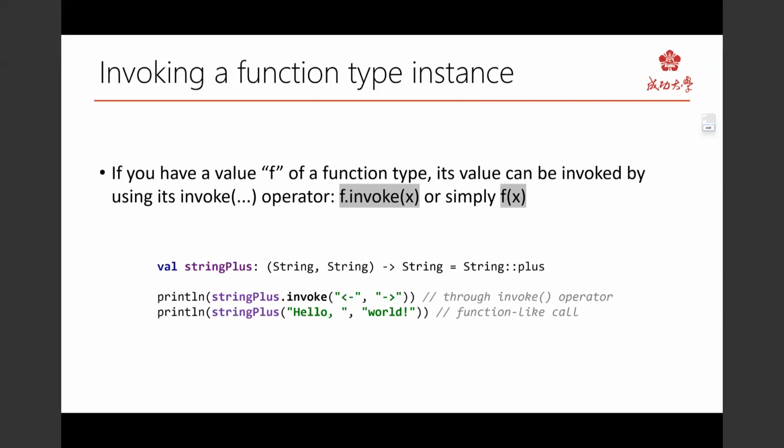We can simply use the variable as a function name. So we can invoke the function stored inside the variable by simply saying stringPlus, parentheses, and then we pass in the parameters needed by the function. The second way is the preferred way of invoking the function stored inside a variable.